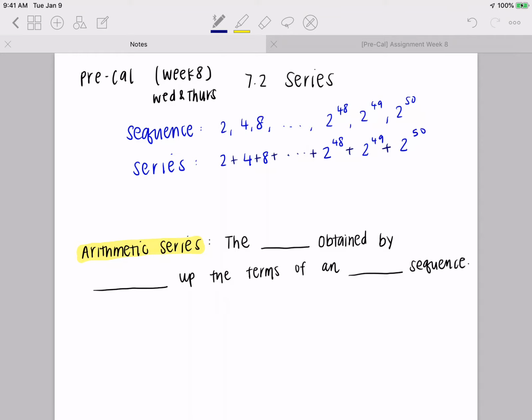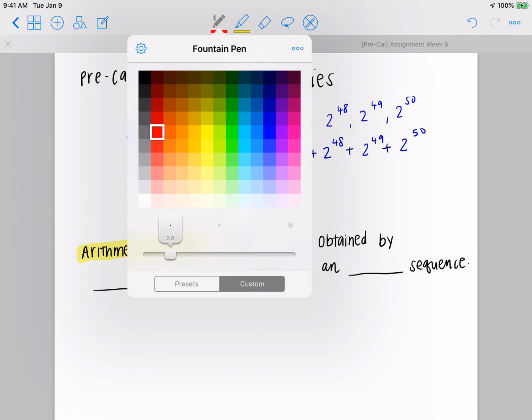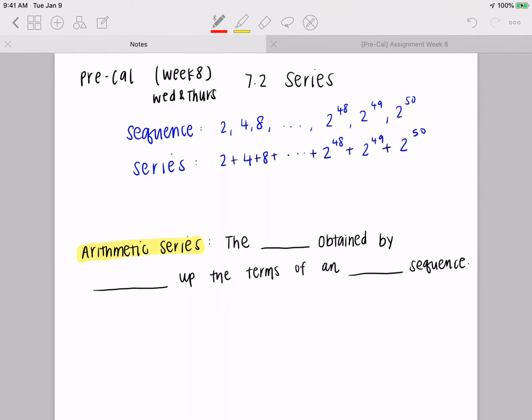So if I'm talking about an arithmetic series, that is the sum obtained by adding up the terms of an arithmetic sequence.